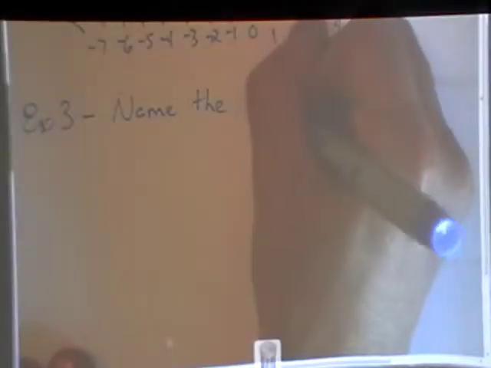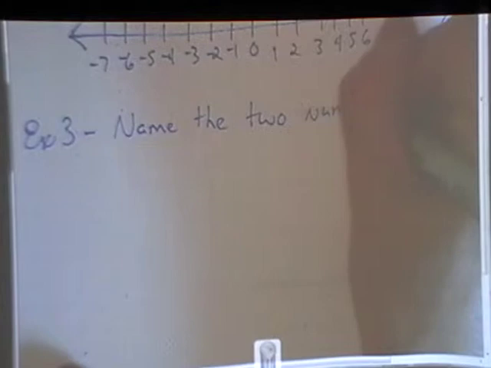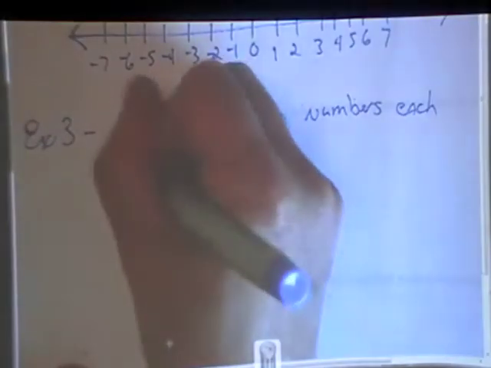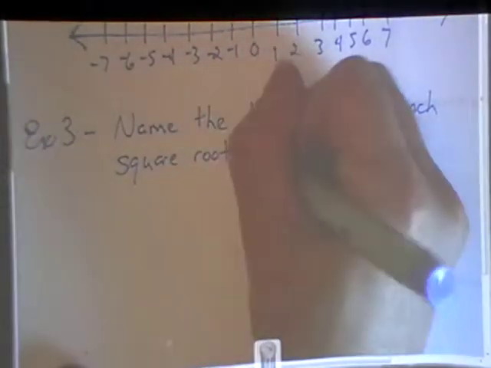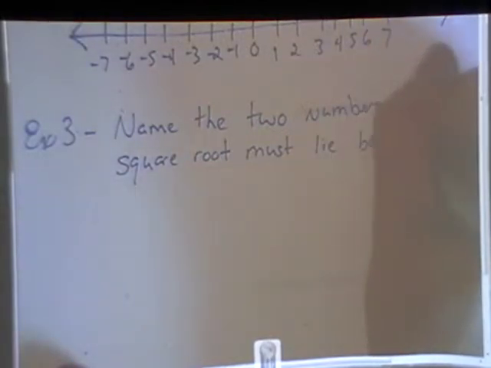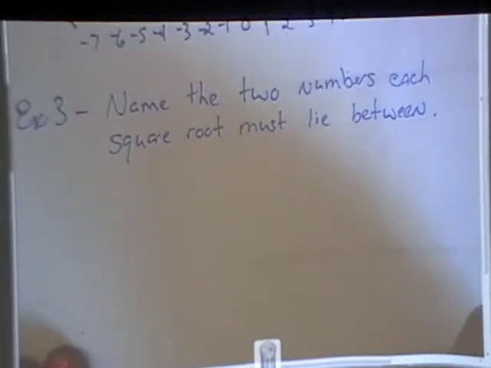All right, we're going to name the two numbers each square root must lie between. Name the two numbers each square root must lie between.